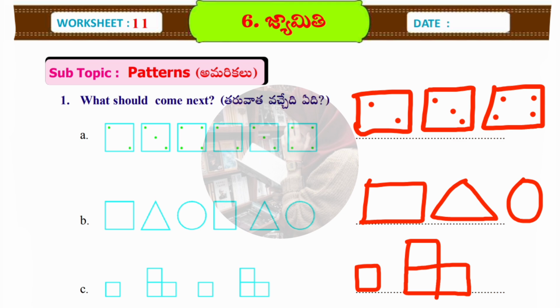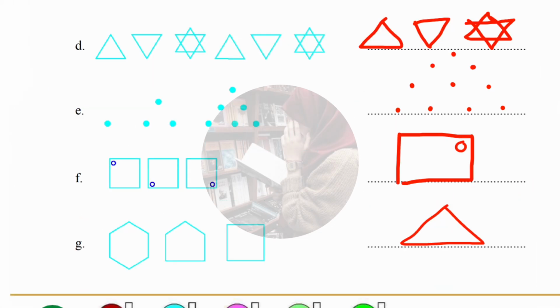Now let's have a look at the fourth question, where we have one triangle, then it moves exactly opposite ways, then we have a star mark, then it repeats again. So our answer will be the same repetition: first triangle, then opposite triangle, then star mark. Okay, if you observe the fifth question, here 1 dot is given, then in the second picture we have 2 dots.